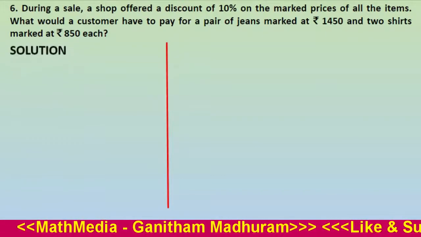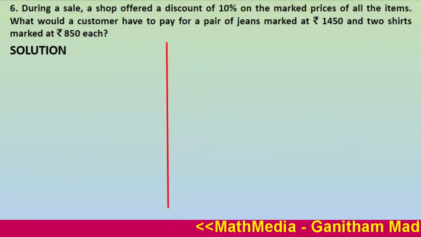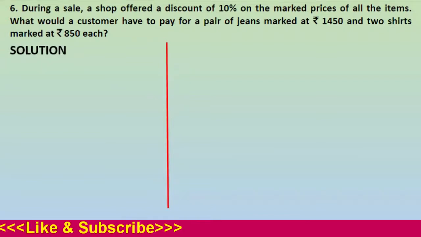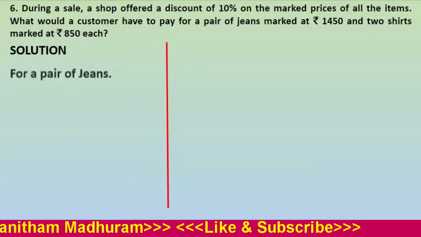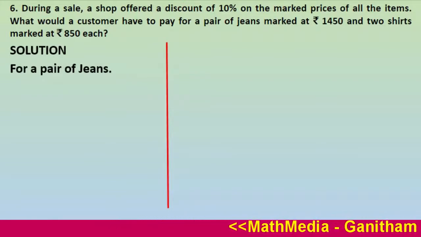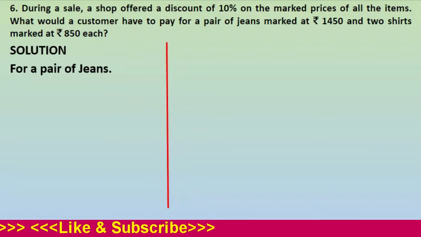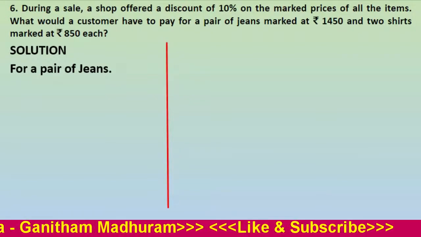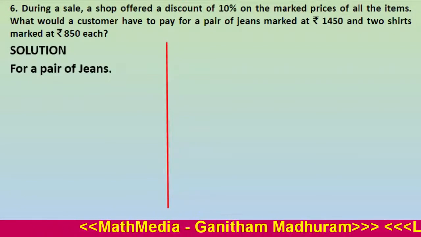So here discount percentage is given. We have to find how much the customer would have to pay. Wherever percentage is given, we are solving with the cross multiplication method because it is easy to solve.